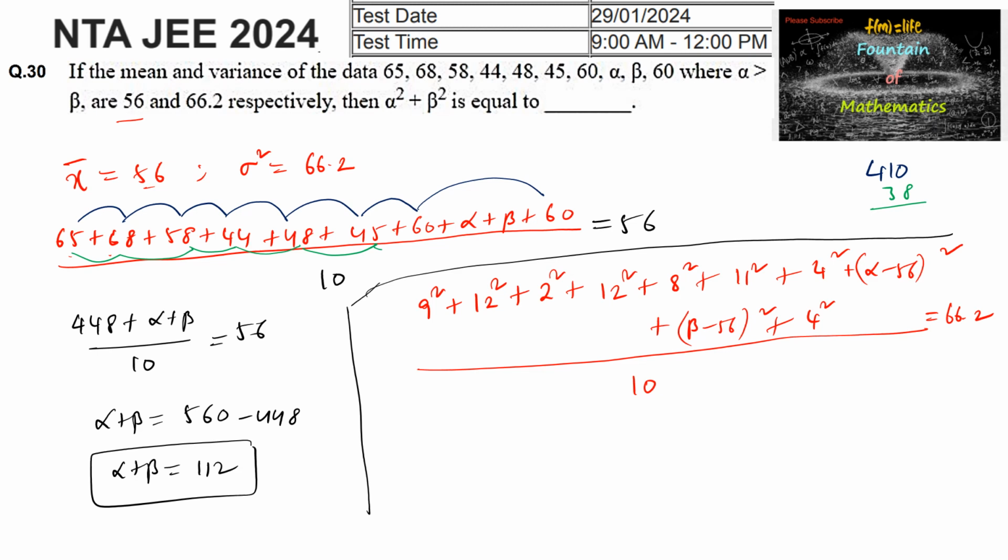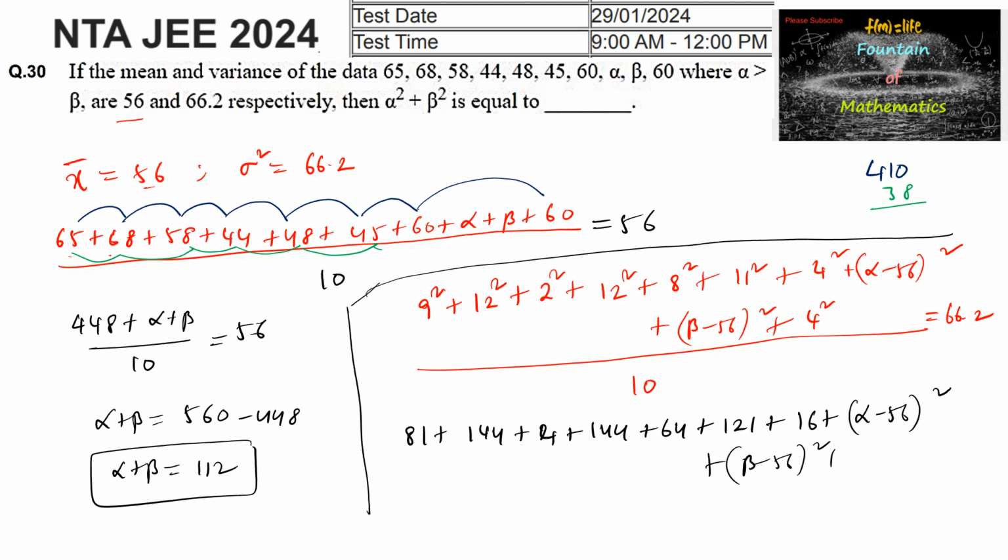So we can write 9 square is 81 plus 12 square 144, and 2 square is 4 plus 12 square 144, 8 square is 64, 11 square is 121, and 4 square is 16, plus again alpha minus 56 whole square plus beta minus 56 whole square plus 4 square is 16 is equal to 66.2 into 10, which is 662.